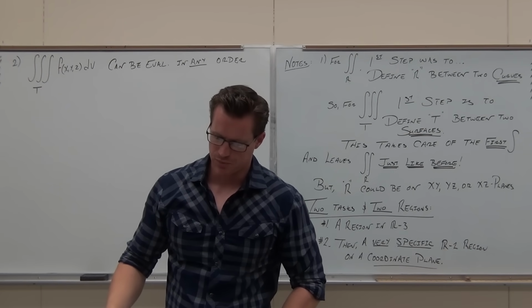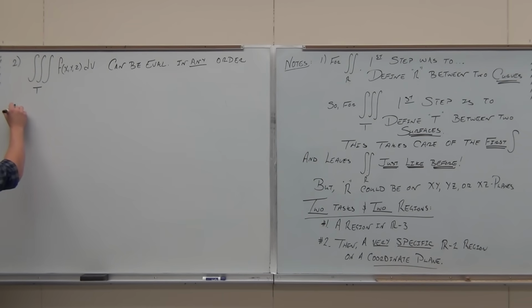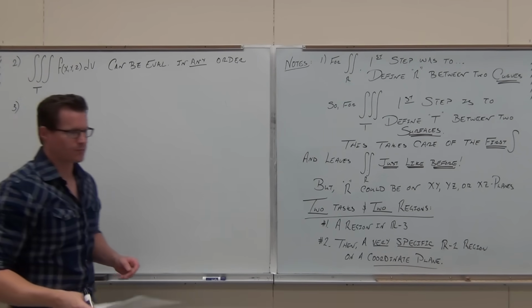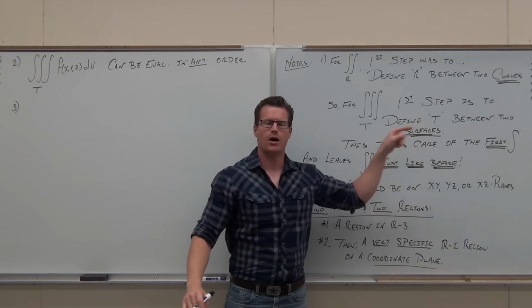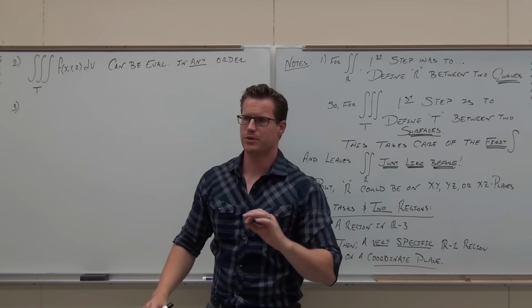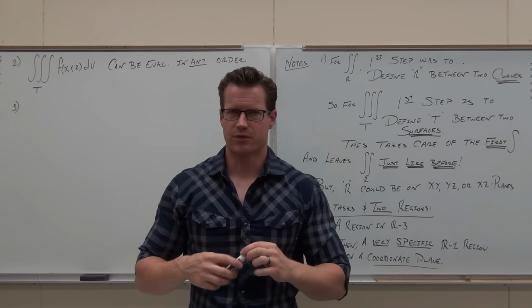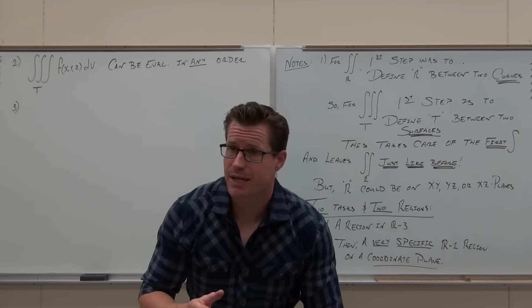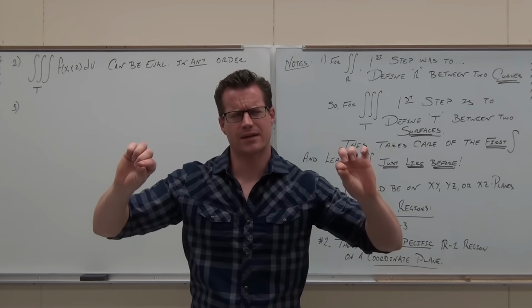Now, let's talk about the most important thing I can get you to understand. This step. How to define your triple integral between surfaces first. If we are doing a triple integral, then we have to integrate across, well, let's see. Single integrals was 1 axis.